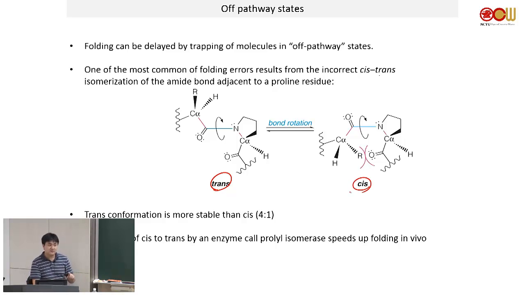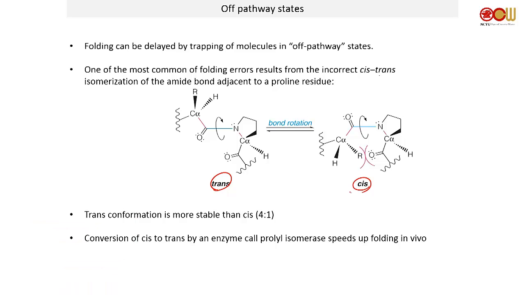And we know that most peptide bonds are in the trans state, not the cis state, because trans state is more favorable. However, in this case, you do have a 4-to-1, so you do have a little bit of misfolded probability. Now, if your protein becomes misfolded in this particular case, you have to use an enzyme called the proline isomerase that will speed up the conversion.